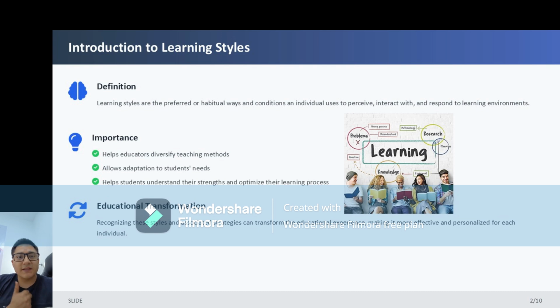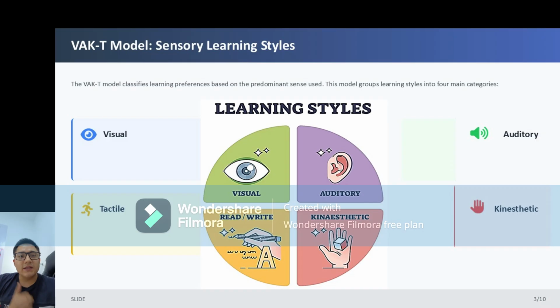Recognizing these styles is the first step toward educational transformation, making the process more effective and personalized. Now, let's look at the model that classifies these preferences.